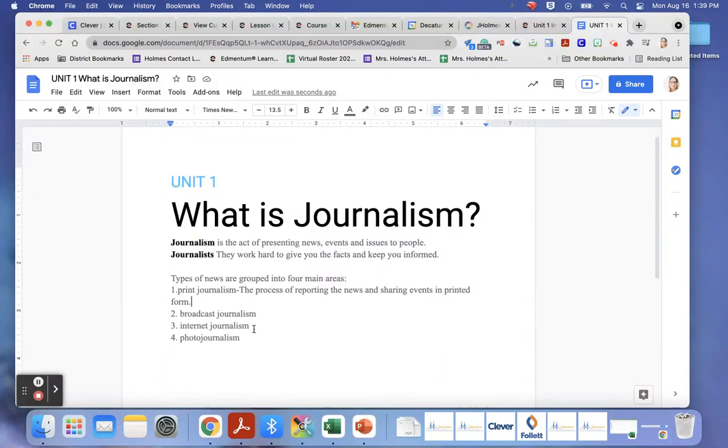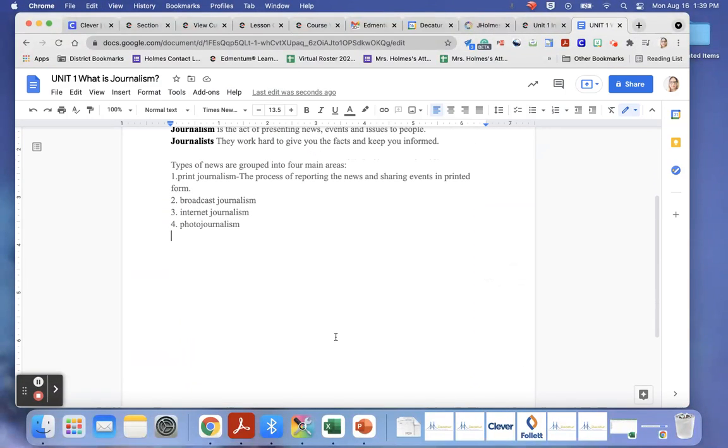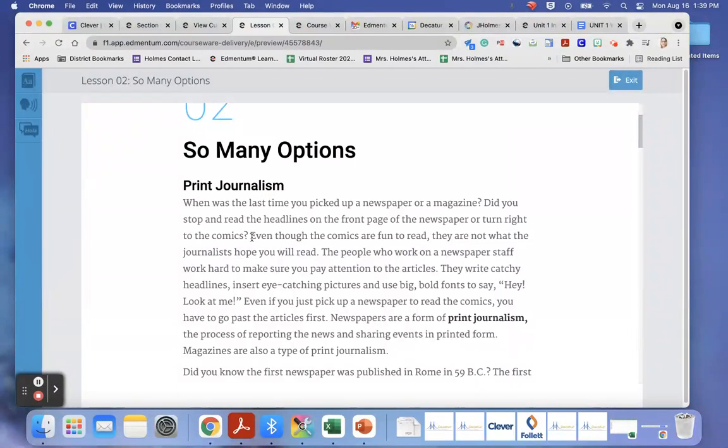So I would come down. I like to separate my notes. Everything you need to know about print journalism, you're going to dig through this paragraph.